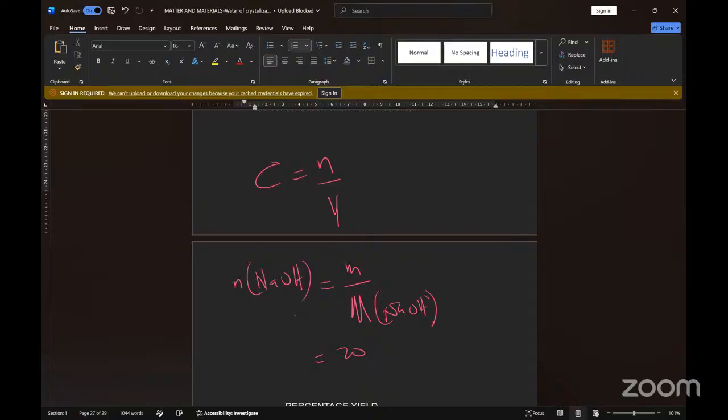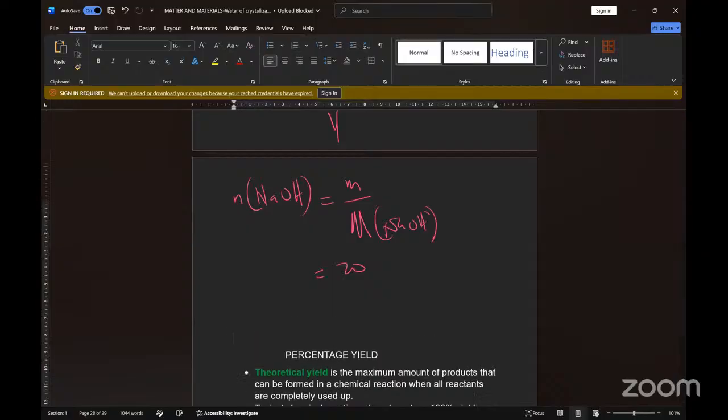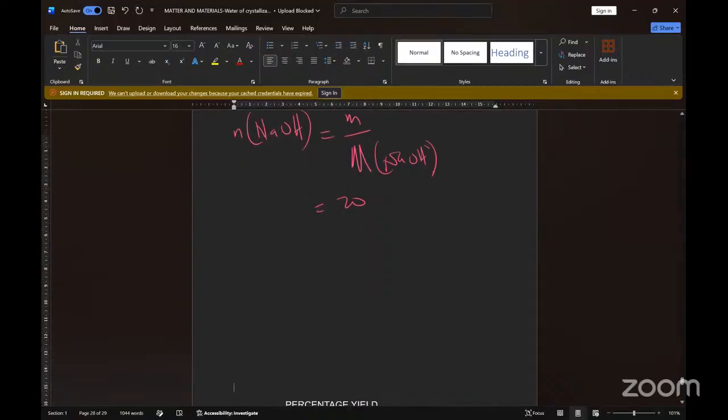For those of you who have forgotten how to calculate molar mass, let me just do it again. The molar mass of sodium hydroxide is equal to the atomic mass of sodium, which is 23. You can get it from the periodic table, times 1, because there's only one of them here, plus oxygen is 16 times 1, and then hydrogen is 1 times 1.